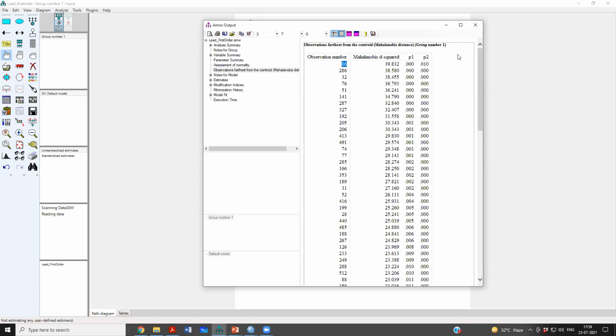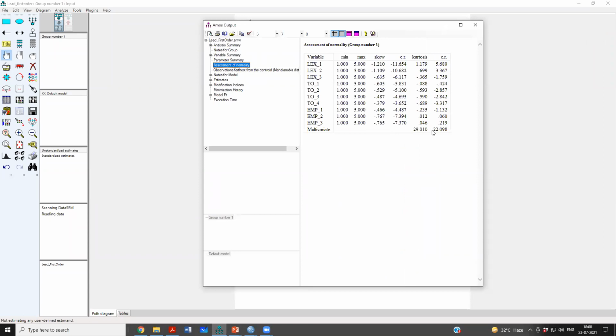Sir, you said the data is multivariate non-normal. What is the benchmark for knowing that? Yeah, so for this non-normality, this critical ratio here, if it is greater than about 2.5, this means that the data is multivariate non-normal.